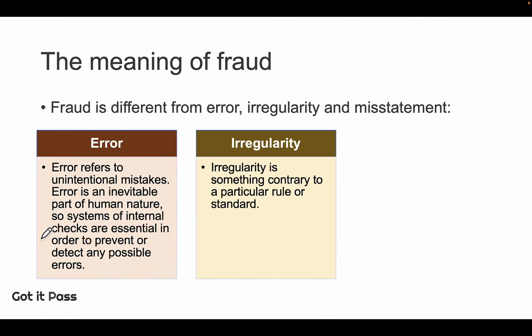Next, irregularity. Irregularity is something contrary to a particular rule or standard. For example, the maximum cash deposit in a bank account set by the bank or by the bank account owner is, say, $10,000 per day.